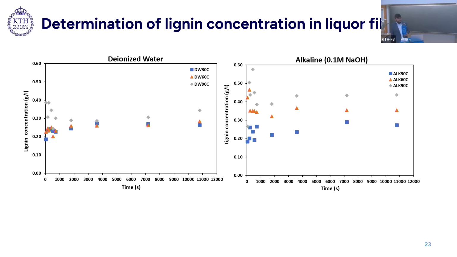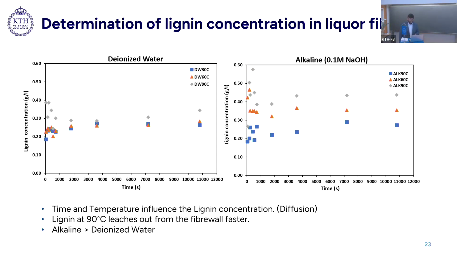When you look into the determination of lignin concentration in the liquor filtrates, we could see that time and temperature influence the lignin concentration. With higher temperature, the lignin leaches out faster from the fiber wall, and more lignin concentration was seen at alkaline conditions than deionized water.